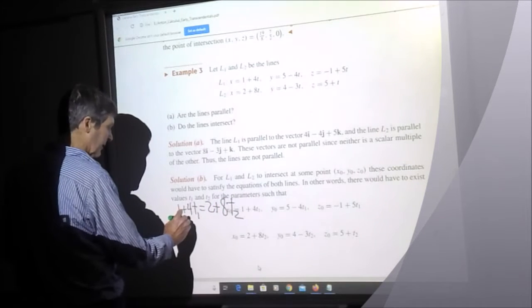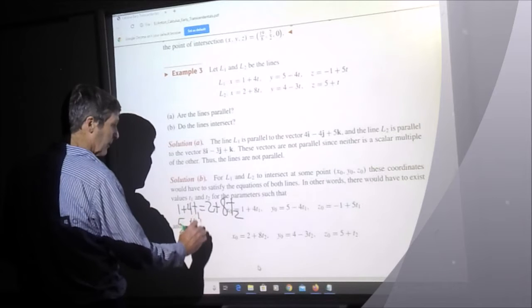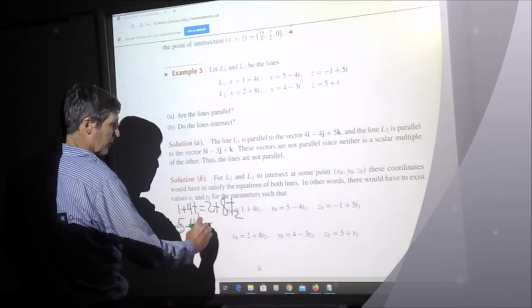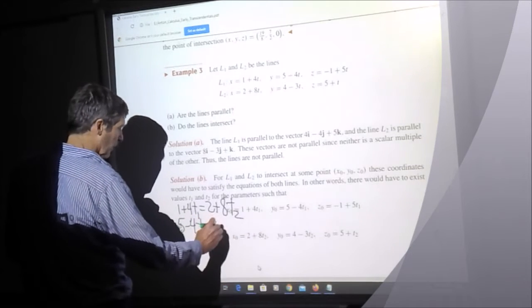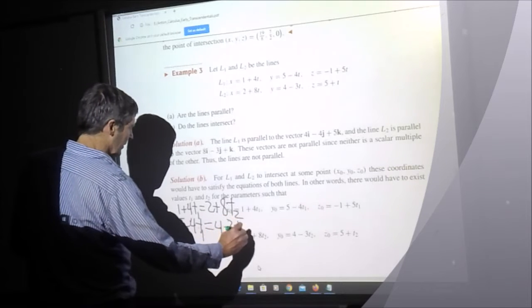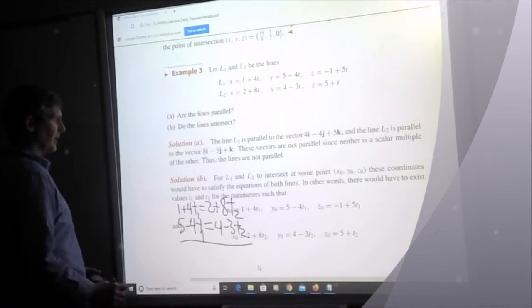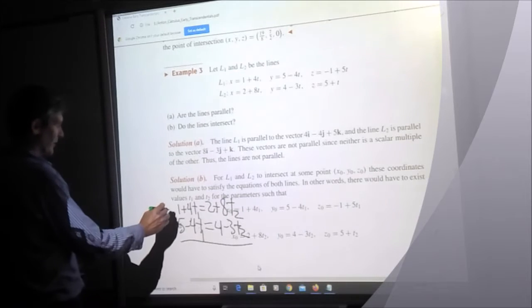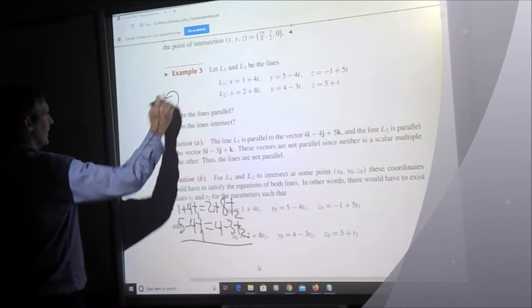And then the y coordinates equal 5 minus 4t1 equals 4 minus 3t2. Two equations and two unknowns, t1 and t2. I can write those equivalently. Let's put them up here.